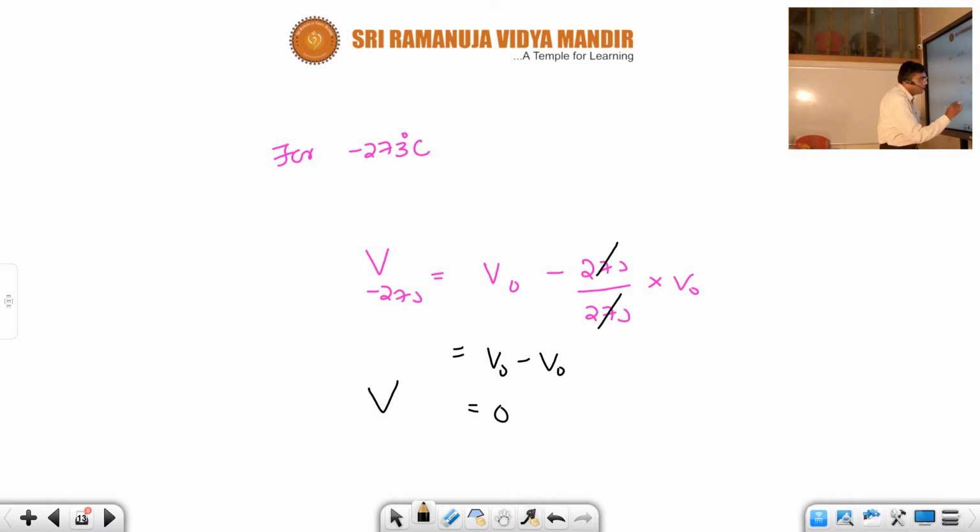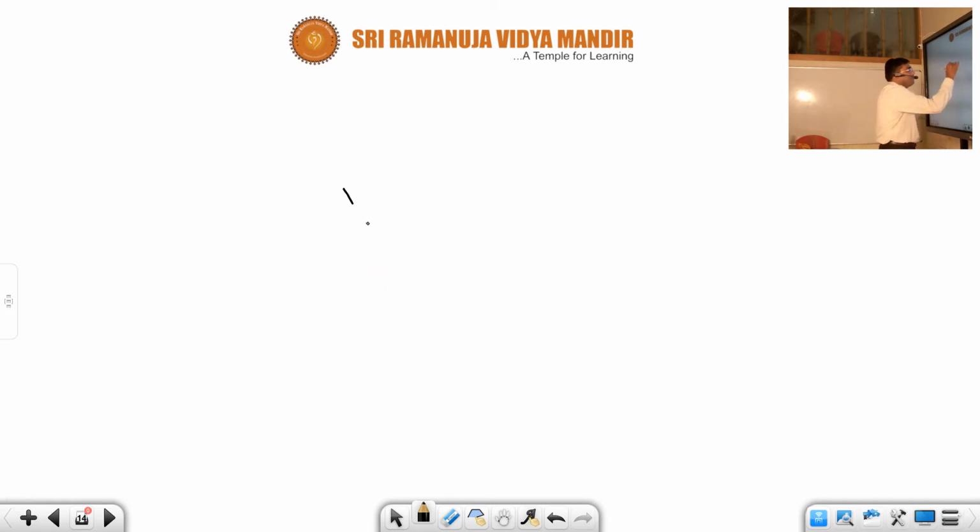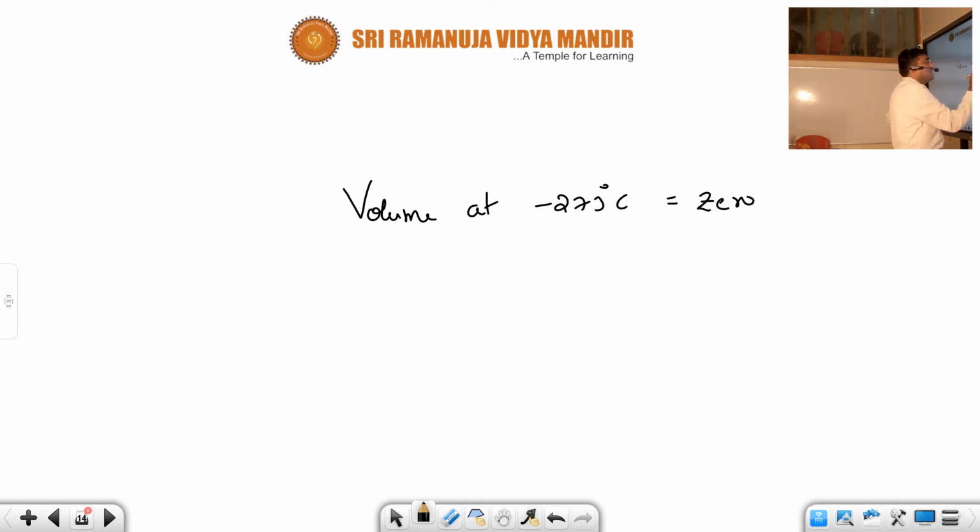So volume at minus 273 degrees centigrade is coming out to be 0. The important point is volume at minus 273 degrees centigrade, or 0 Kelvin, is equal to 0. Agreed? This is the basic essence.